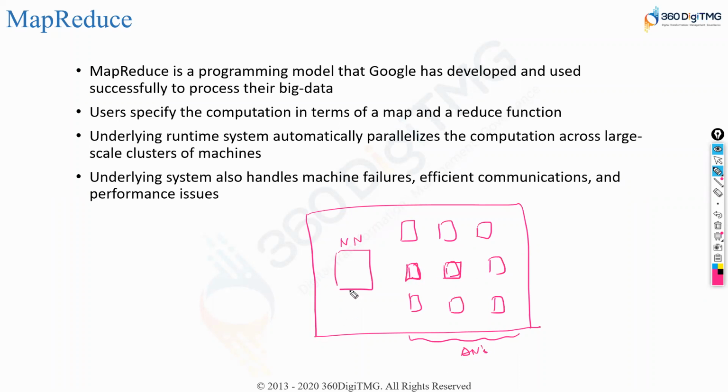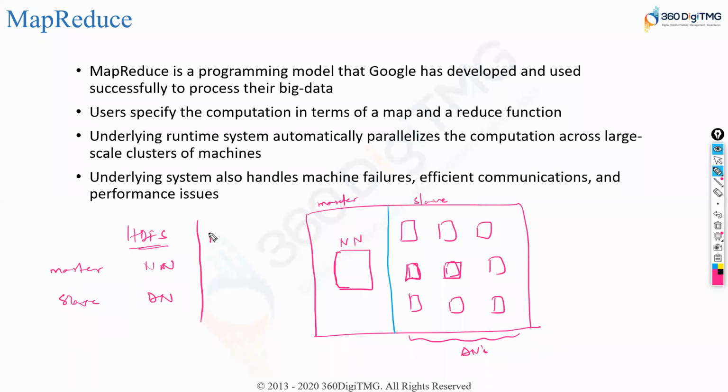So this is your master. And here, let's say we have slave. These are your slave nodes. Now these components are basically from your HDFS side. HDFS, right? So HDFS, master, slave, name node, data node.